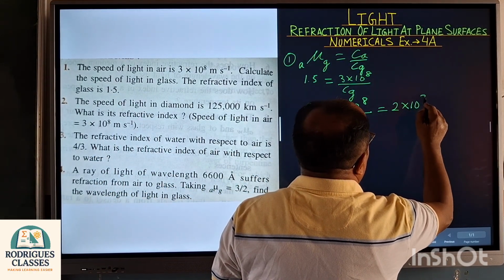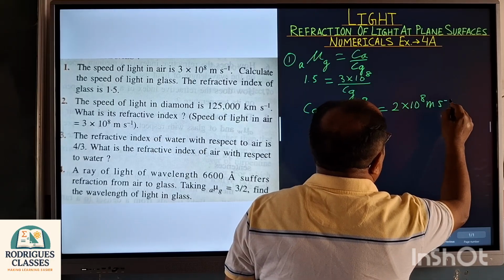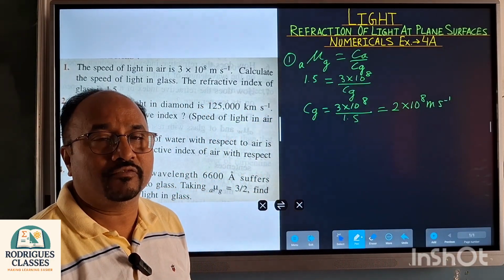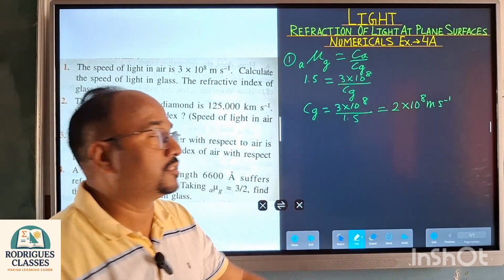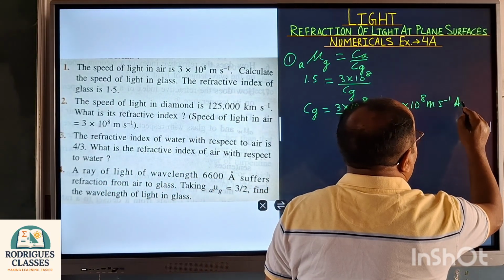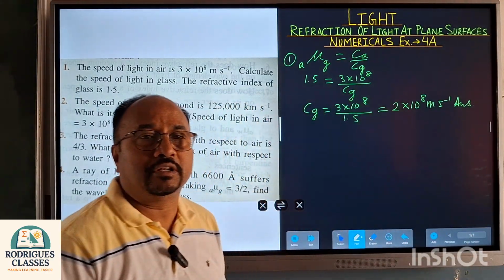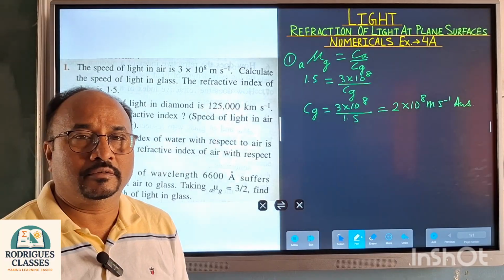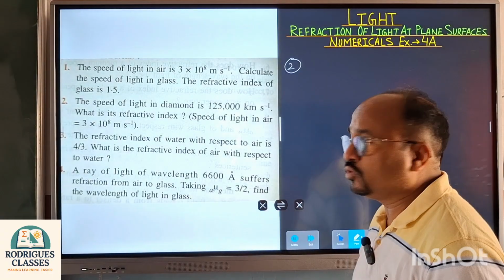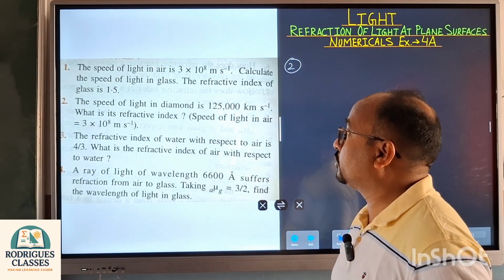So 2 into 10 to the power 8 meter per second is the speed of light in glass. This is our answer, and it finishes a very simple and short numerical. Now coming to numerical number 2, again a very simple and short numerical.